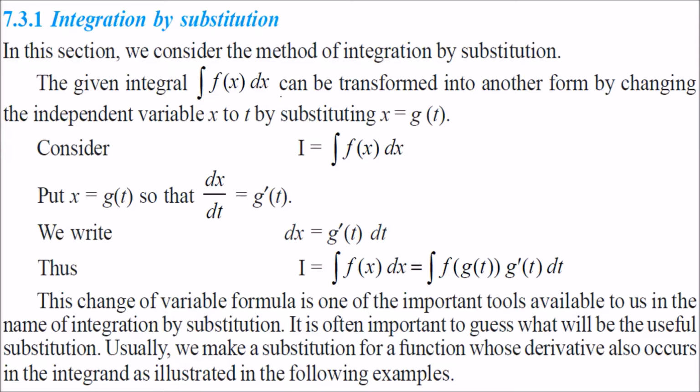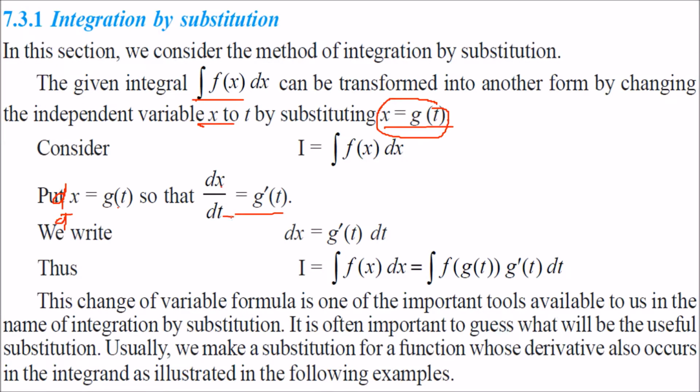Integration by substitution. How? If you are given an integral f(x) dx, we can transform it by replacing the variable x with t, by substituting x equal to g(t). When we differentiate this, dx by dt is equal to g dash t.